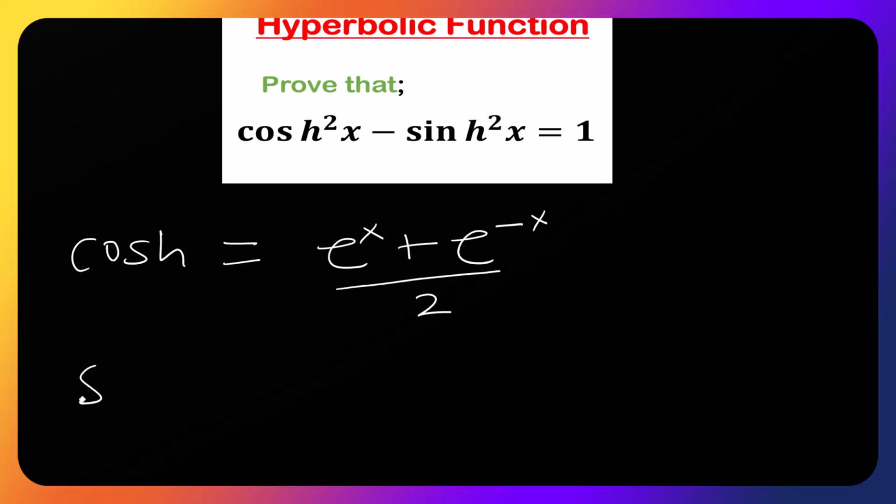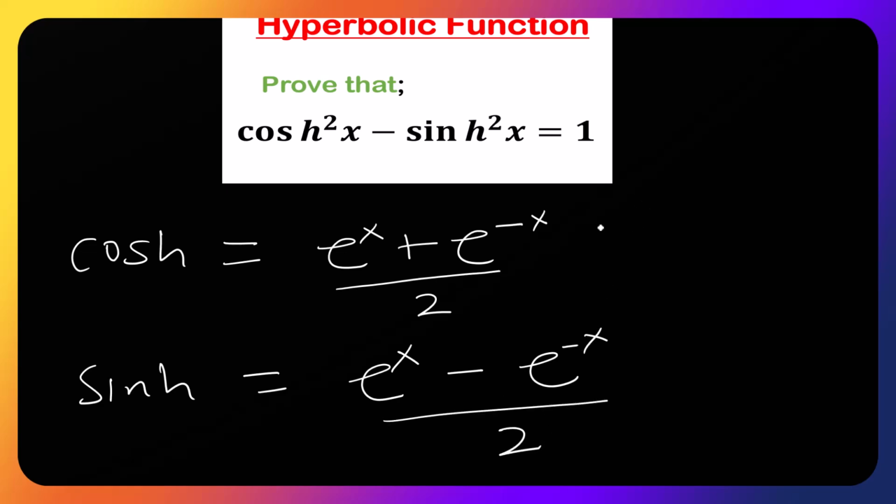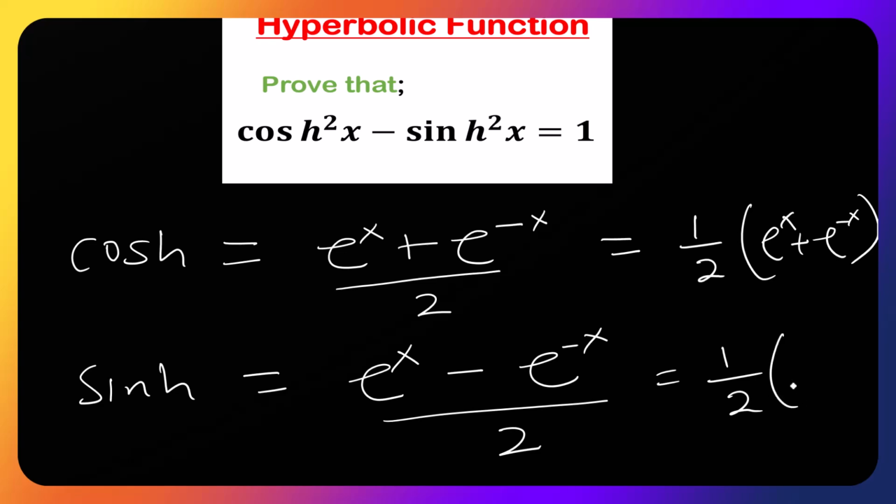Then sinh x will be e raised to x minus e raised to minus x, on 2. Remember, this is the same as half of e raised to x plus e raised to minus x. This one is also half of e raised to x minus e raised to minus x. So the rest becomes algebra.